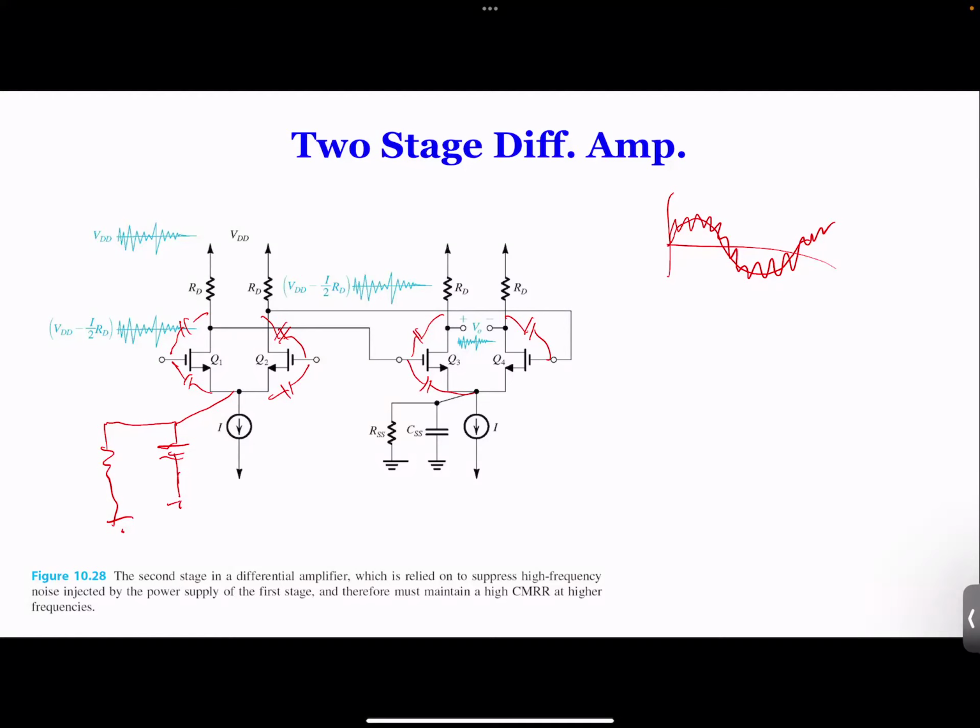So that's the key. For this, we need to go back to our other section that we learned about the DC offset, how to compensate DC offset. That's how you do it. By introducing a little bit of offset here, you can attenuate the noise, but only amplify the signal you want. Okay, so this is for the two stage.